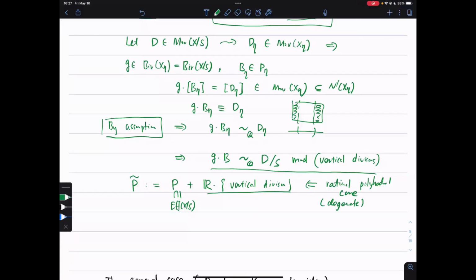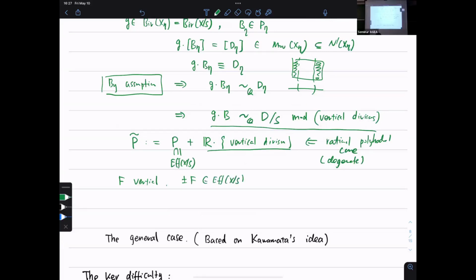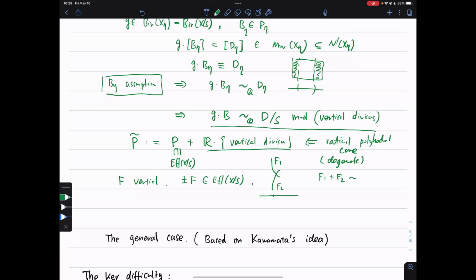Oh, that's a good point. This is the point I want to make. For vertical divisors, no matter plus or minus, it is always inside of this effective cone. So this is the advantage of working in the relative setting: you can freely throw in the vertical part. Let me explain with a simple case. Suppose F1 and F2 are fibers over a curve or something like that, and F1 plus F2, maybe some multiple, is trivial over the base.